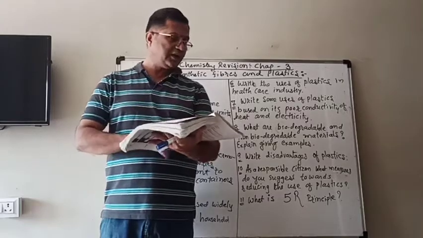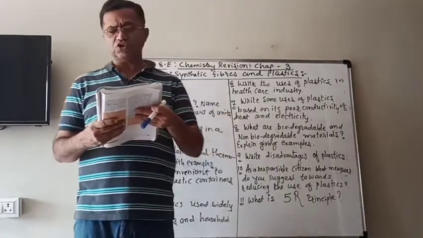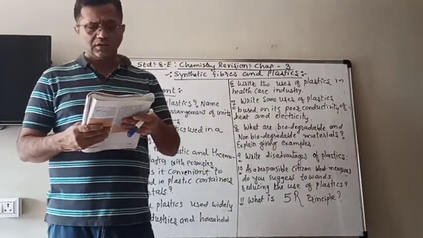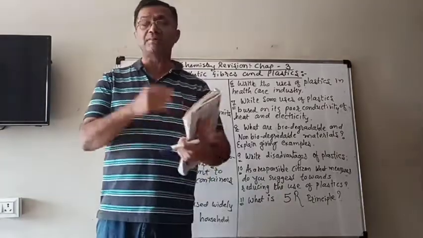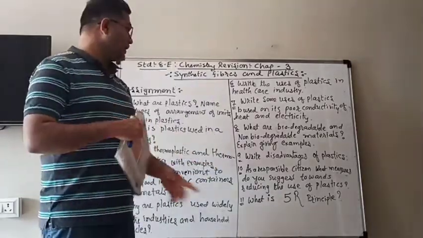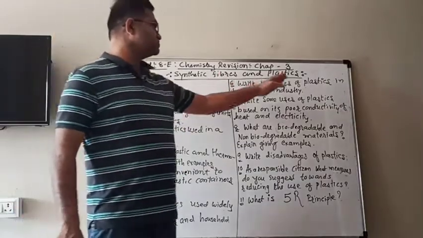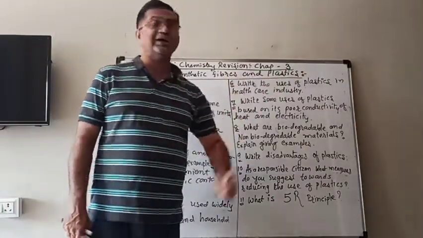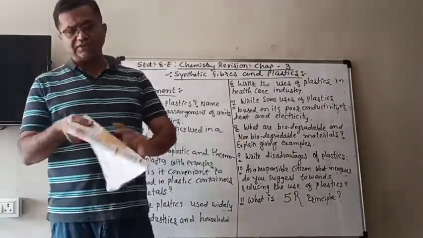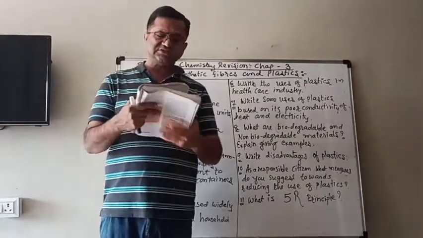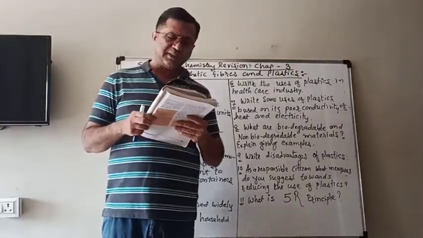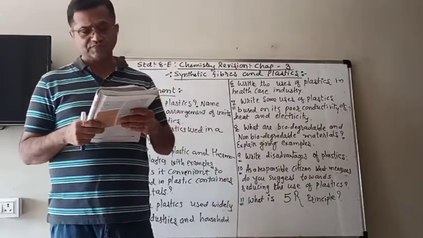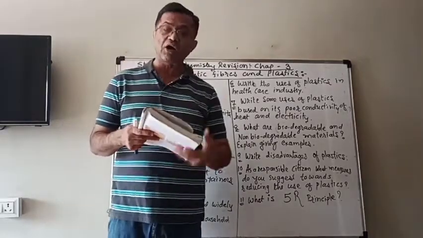Similarly, in the plastic, as we saw, in the medical industry, means the healthcare industry, right? The uses of plastic in the healthcare industry. We know that nowadays we use plastic packaging for tablets, and threads used for stitching wounds.